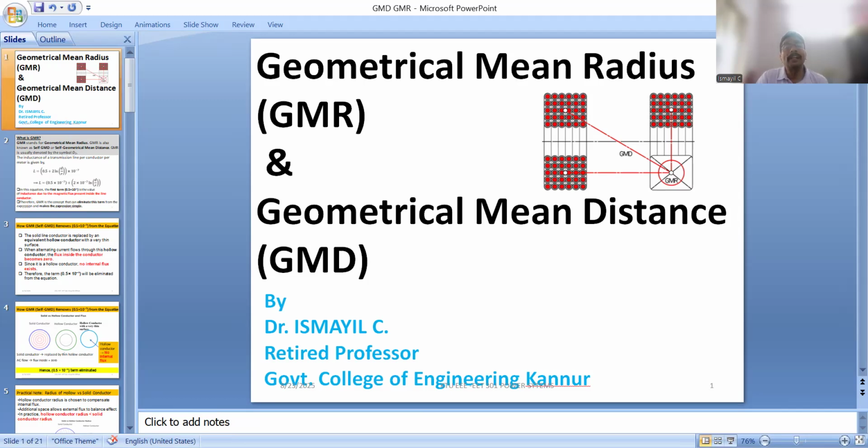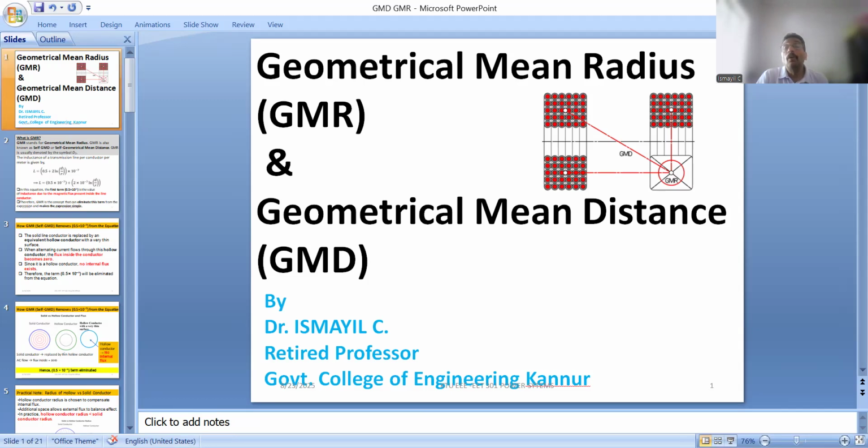So if you are considering the distance components between these 2 phases, that is R and Y, the equivalent mutual distance of bundle to bundle, that is DAB, is the geometrical mean of these four distances.